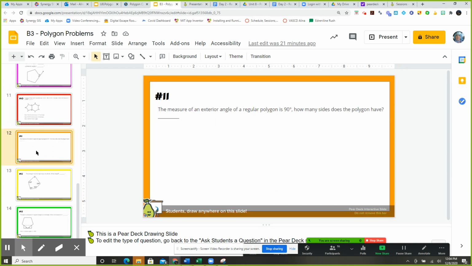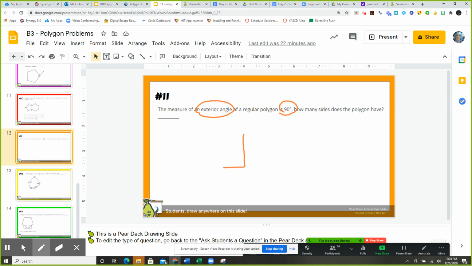Okay. Question number 12, what do I do here? You have to make a shape, basically. What shape do I make? I think that's a square.